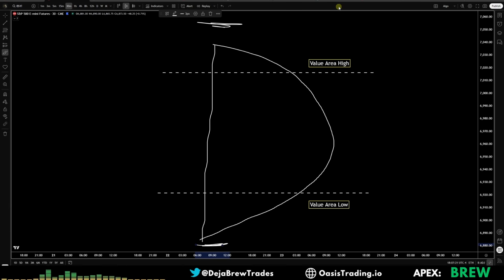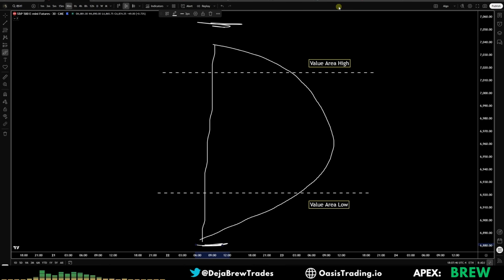I would give you a 1-to-1 on some D-shaped days. Like if it's a perfect D-shaped day, you could be looking for a 1-to-1 risk to reward as well. But typically we want 1 1/4 to 1 1/2. So every dollar we're risking, I want to make $1.25 or $1.50. All right. To the middle of the day, to VWAP, to the POC.